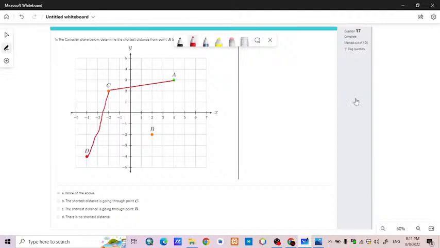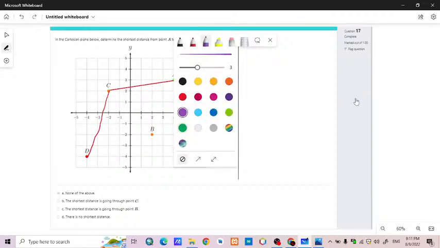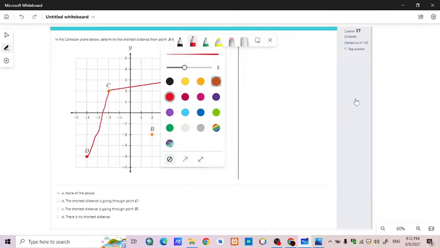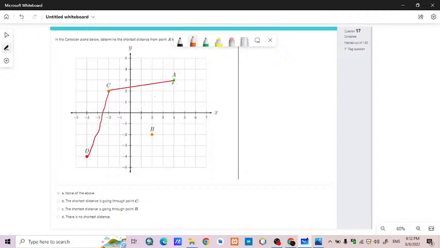We need to find out which one is shorter between these two routes.